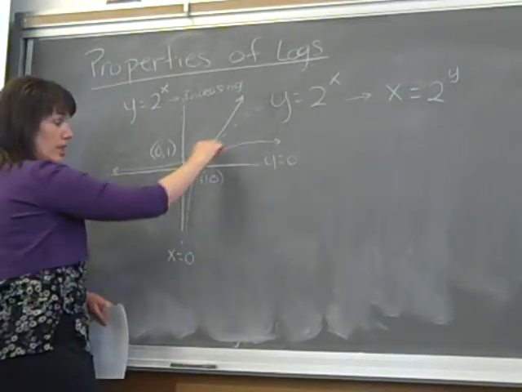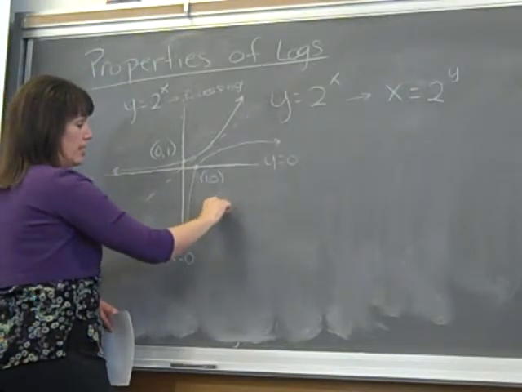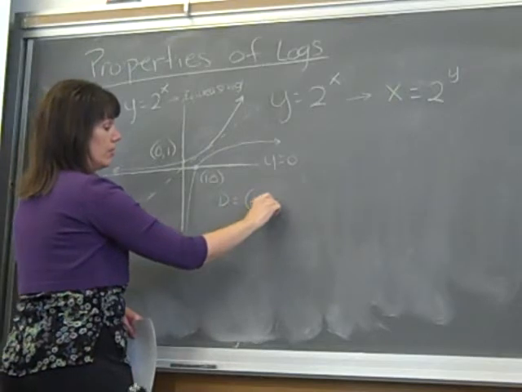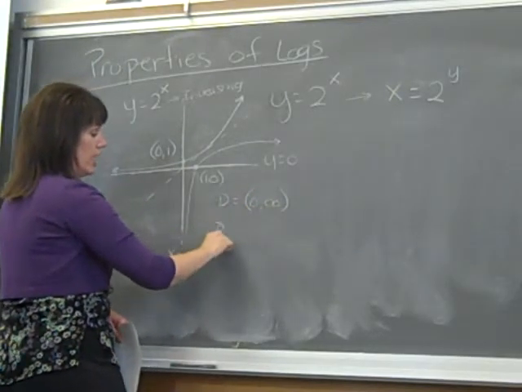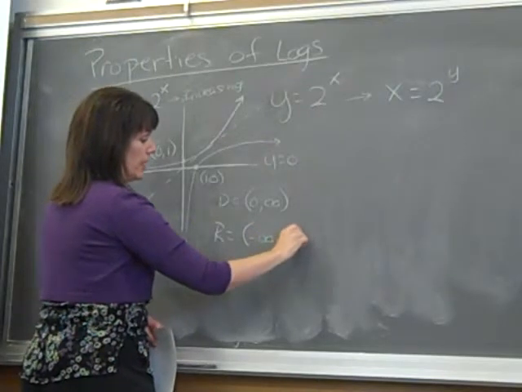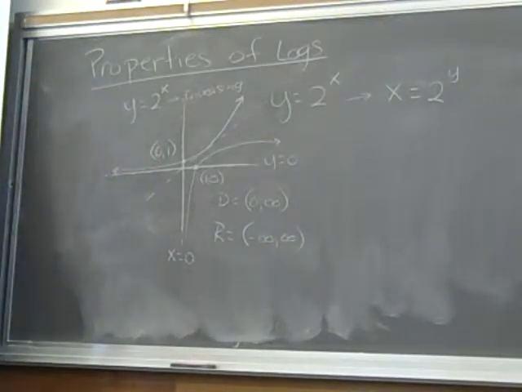This is increasing as well. What is my domain? 0 to infinity. What is my range? All real numbers. Have I just switched my domain and my range? Absolutely. That is the definition of an inverse. Do you see a small connection here?